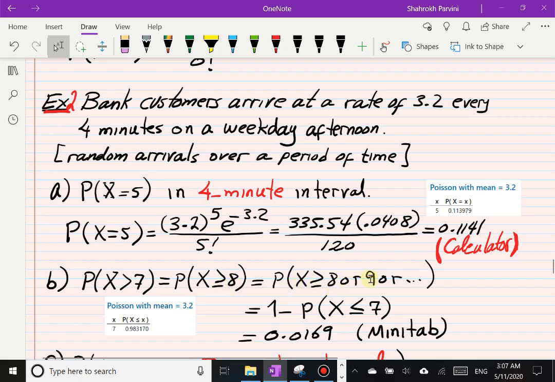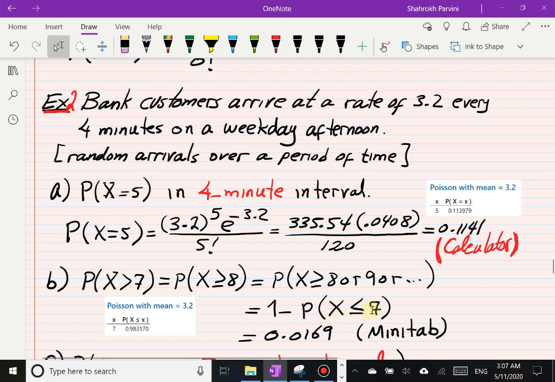Okay, so for this one, that means 8 or 9 or 10, 11. Remember, x goes to infinity in the case of geometric and in the case of Poisson. Now, to find the probability of 8 or more, that's 1 minus the probability of 7 or less, because remember, the entire probability from 0 to infinity is 1, because this is a probability distribution.